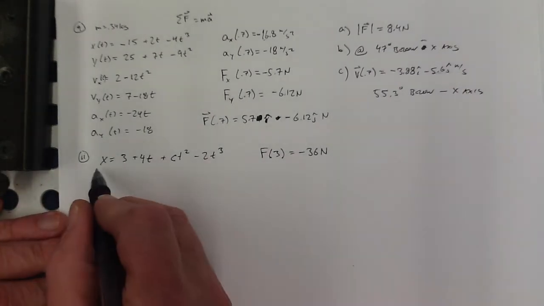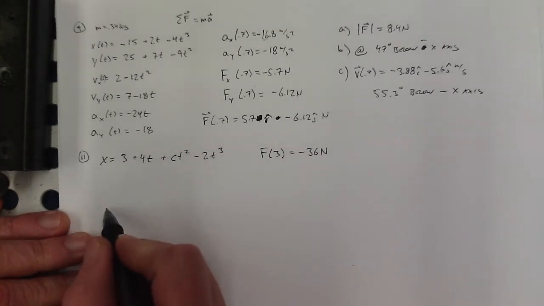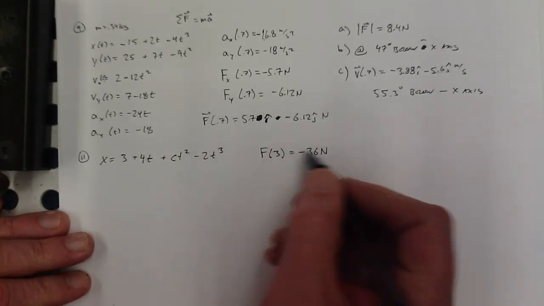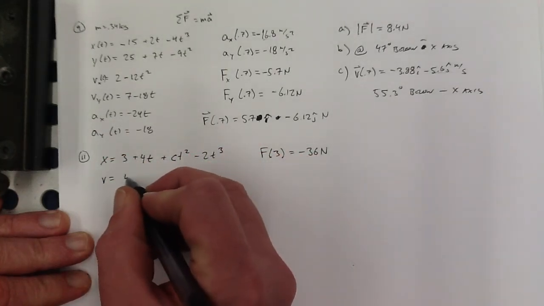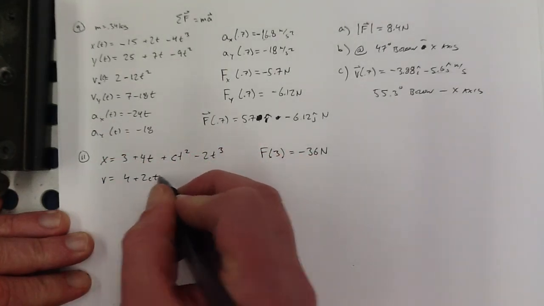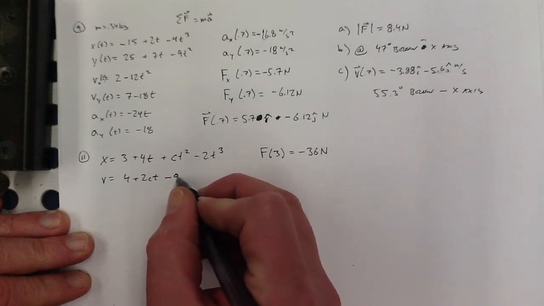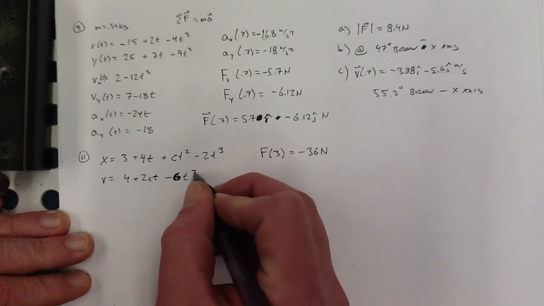So if I have position and want to get to force, I need to get through to acceleration, and then I can connect up to this. So the velocity would be the derivative of this, 4 plus 2ct minus 6t squared.